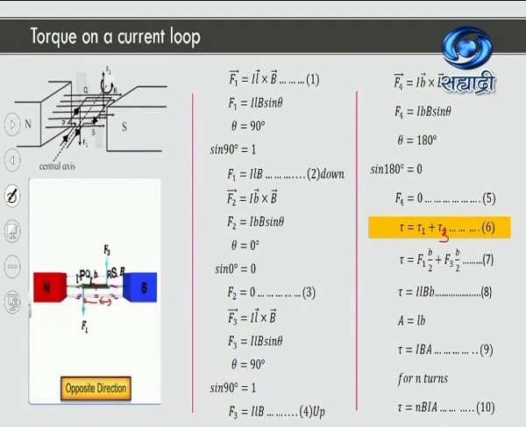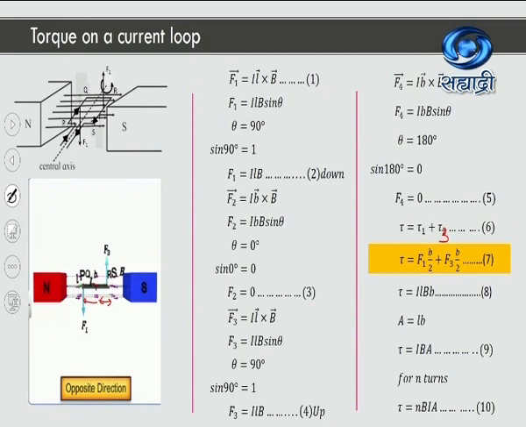What is tau 1? The torque acting on the first side, which is the magnetic force F1 into the moment arm b by 2. So tau equals F1 b by 2 plus, likewise, F3 b by 2.